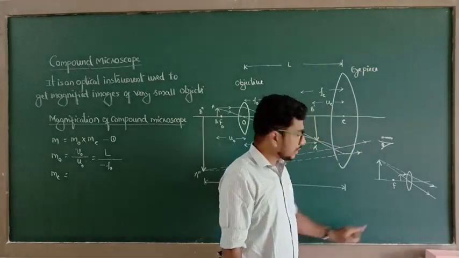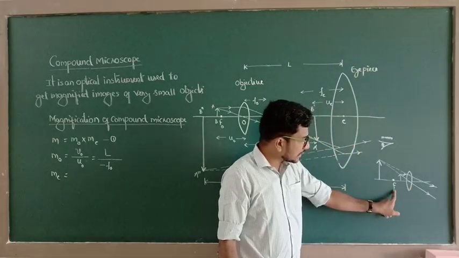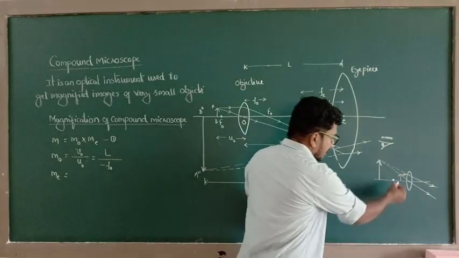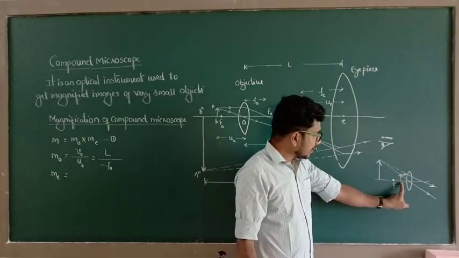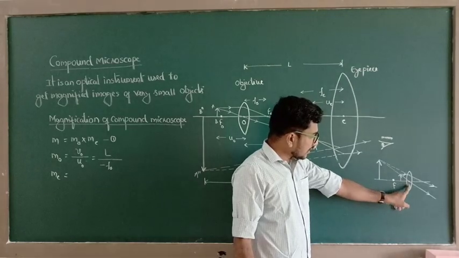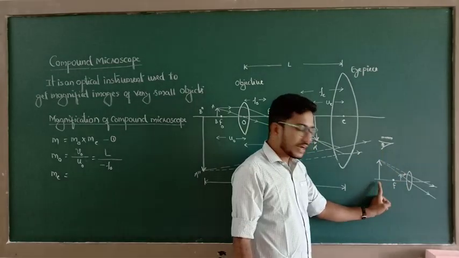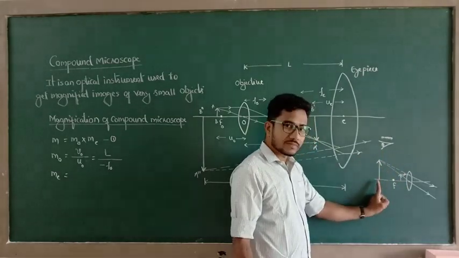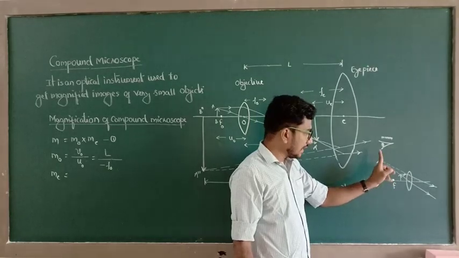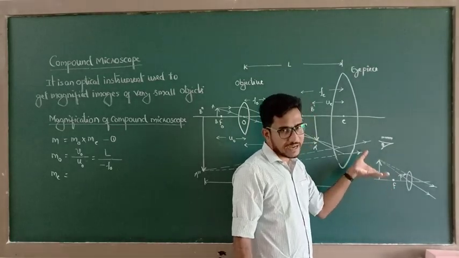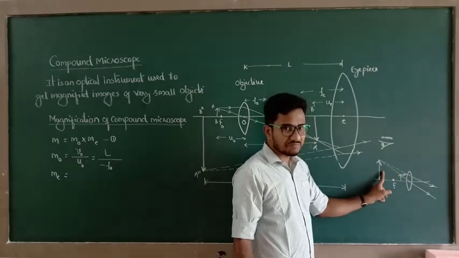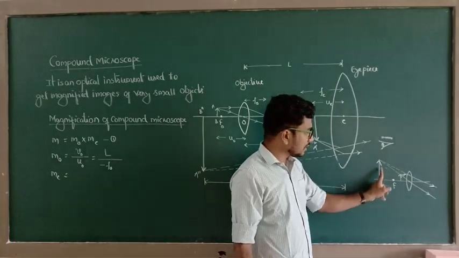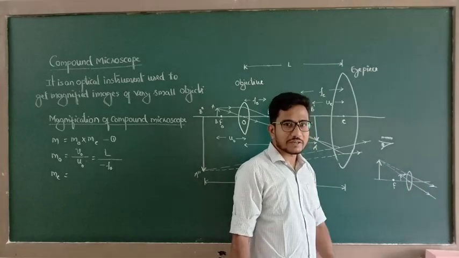When an object AB lies between the optical center and the principal focus, its image lies on the same side of the object, and the nature of this image is virtual, erect and magnified, because this image is due to a divergent beam of light.